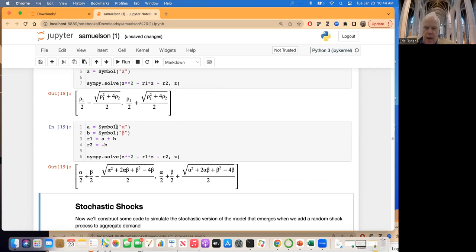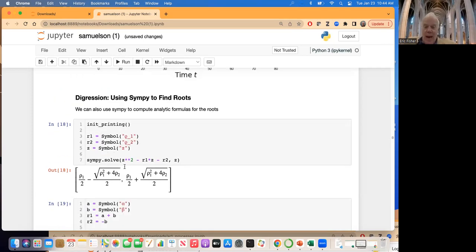When I say let A equal the symbol alpha, let B equal the symbol beta, then root 1 is A plus beta, root 2 is A minus beta. So it's solving the whole problem for you algebraically. Again, this is even better than ChatGPT because it does algebra and it keeps you from messing up when you do your homework. All right?